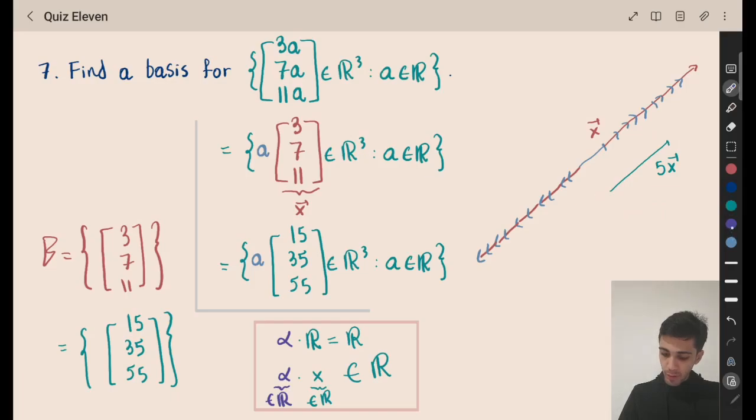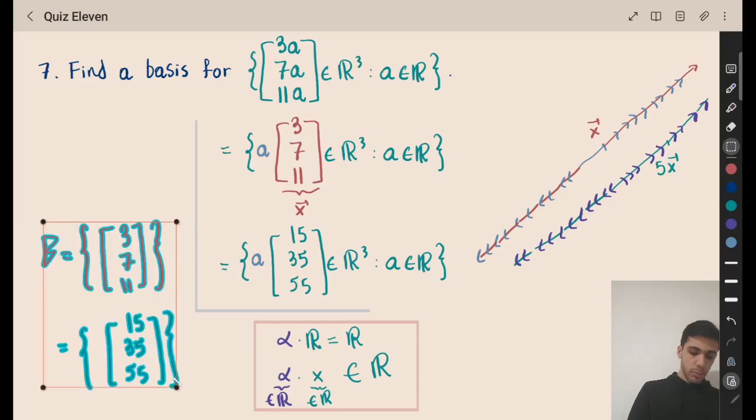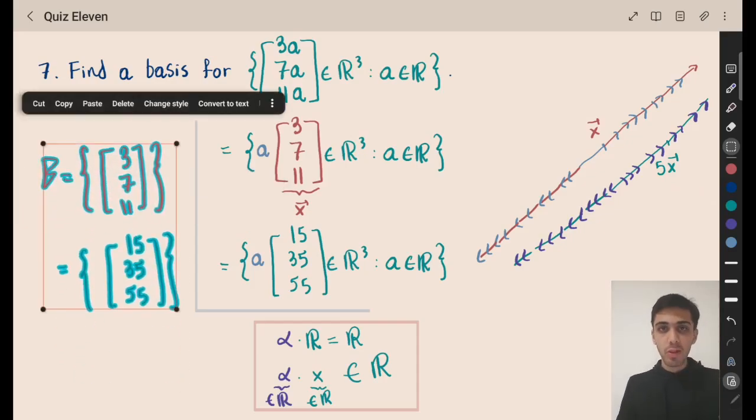So let's say I apply them like this. I can scale it up, or down. And in this way, I can reach any point on the line in the exact same way. It's just that the scalings will be different. And that's really all the difference that you need to make note of, but nothing else.